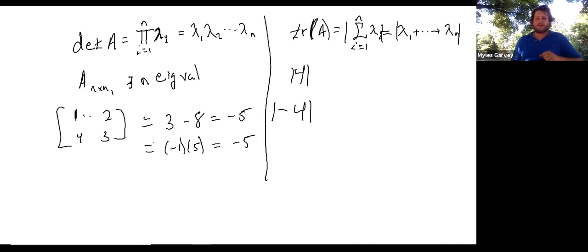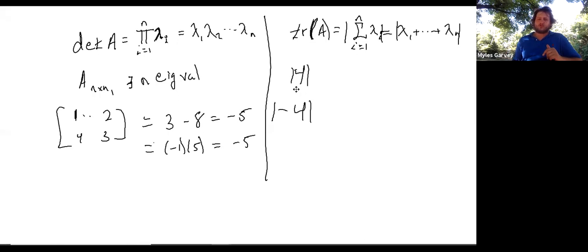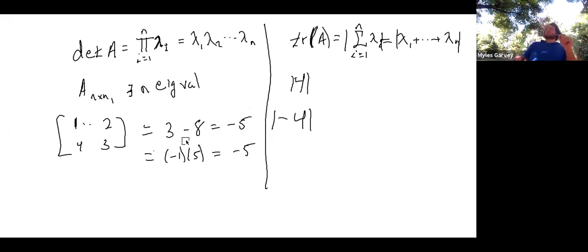I don't know why I'm getting negative here. But anyway, I don't want to belabor this detail. Generally, it's true that the sum of the eigenvalues is equal to the trace, which is defined as the sum of the main diagonal. But for whatever reason, I'm getting 4, and then I'm getting minus 4.